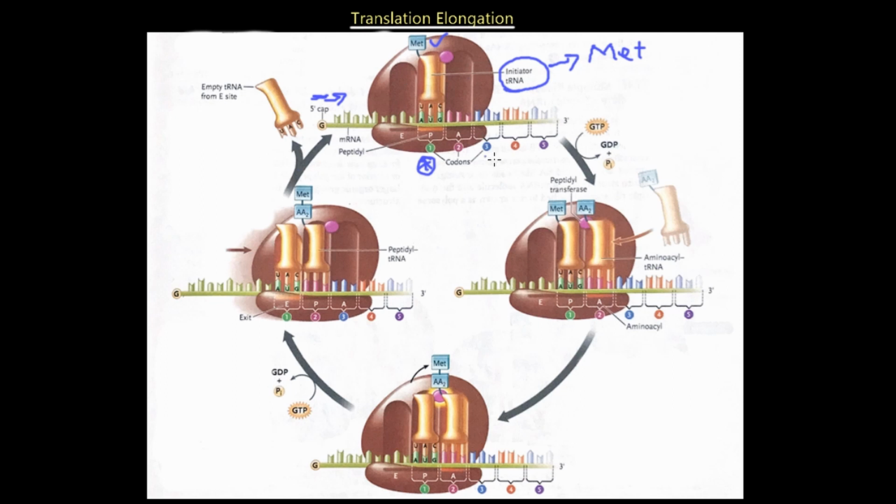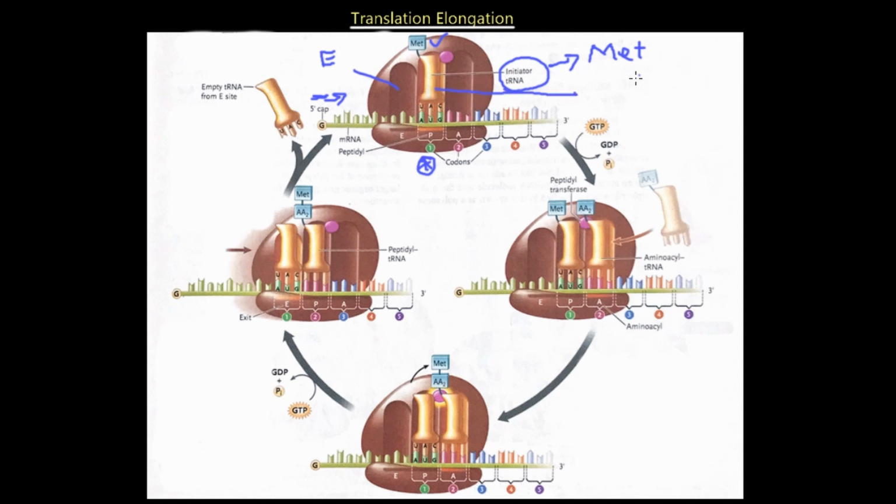So what happens next? How is it elongated, and what really occurs? First of all, we must recognize that the large ribosomal subunit has 3 different sites. It's got the E site, so that's the exit site. It's got the P site, which is where the tRNA resides at this point.